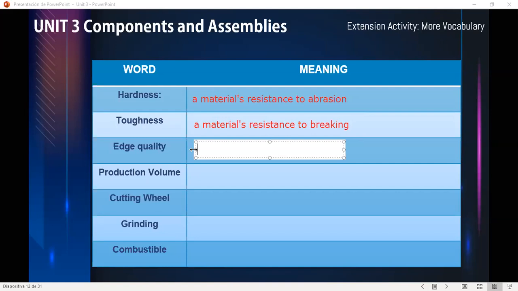With that one, you move on to the edge quality. When I talk about the edge, I'm thinking about the form, the shape or design.